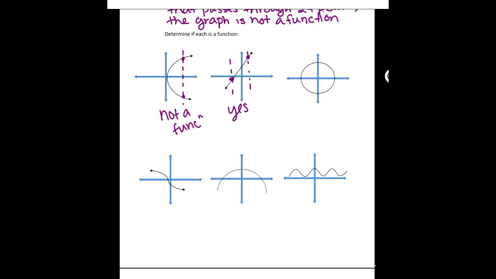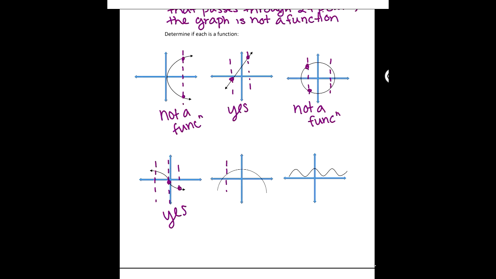Here on my circle, if I draw a vertical line I'm hitting 2 points, so this would not be a function. This one, if I draw here, 1 point, and even here, remember your vertical line should be pretty skinny, you're only hitting 1 point. It has a weird curve, but you're only ever hitting 1 point, so this would also be a yes.